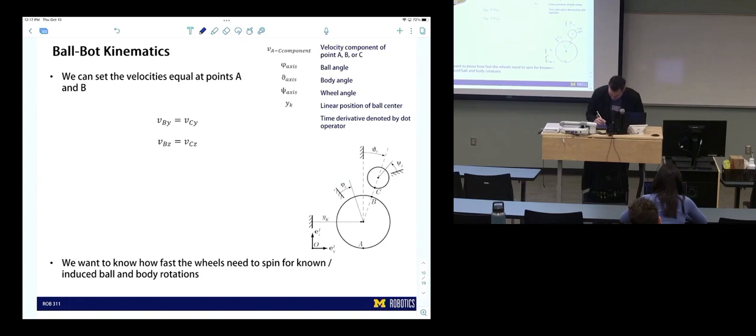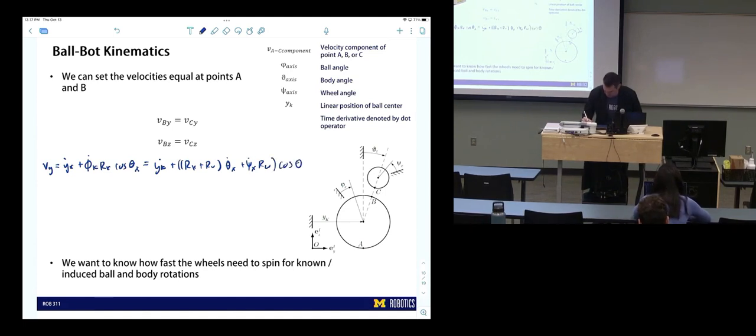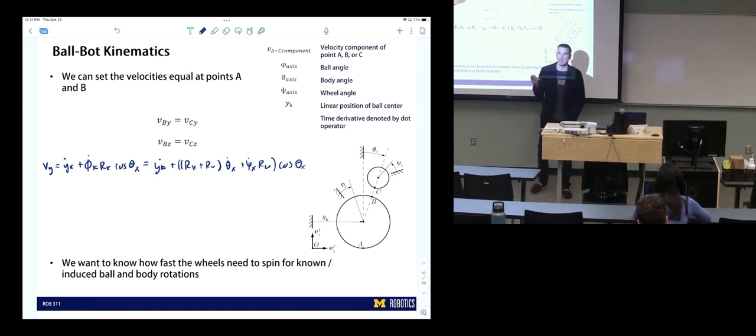Now I'm just going to write that out. Vy equals... that's our y components set equal to each other. What's convenient about this is a ton of terms drop out.